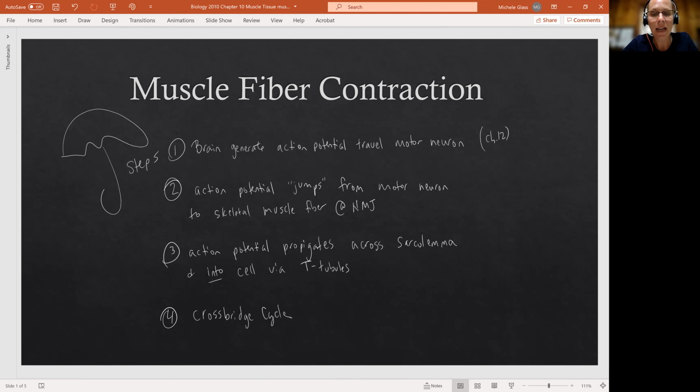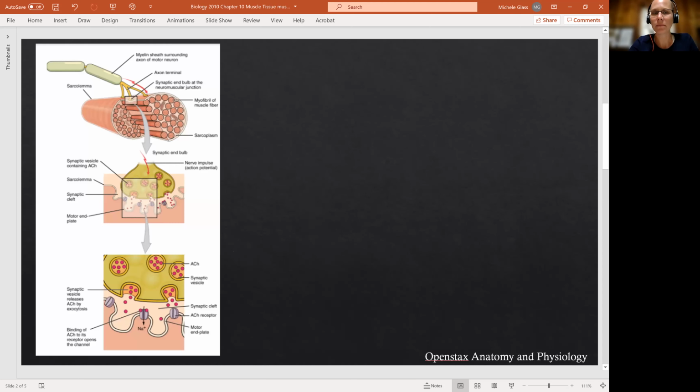Then we're going to pick up how that action potential can propagate across the cell membrane, the sarcolemma, and then down into the cell via those T tubules. And then we're going to go into all the details, more than you want, of that cross bridge cycle. That's what's coming up, and we'll try to break it up into a few videos just so we can take a little break.